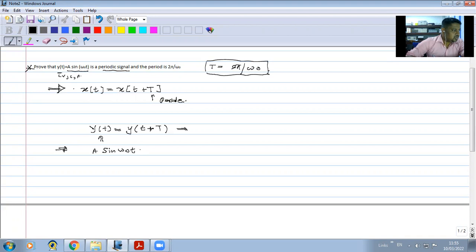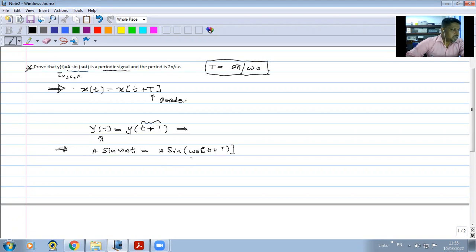It is equal to, now instead of t, we have to substitute t plus T, because it is after T time.